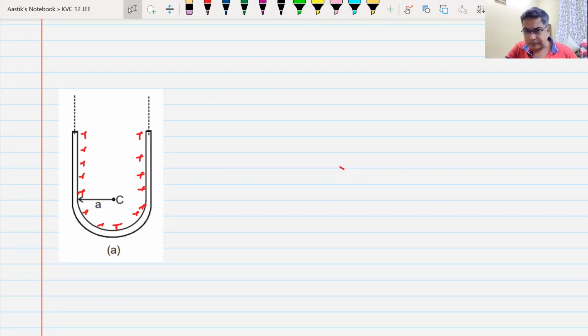Answer for this one is also 0. Anyone understands this? Yes or no? Then just note the answer for this one.